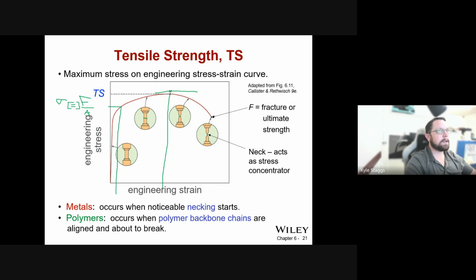So the force doesn't get higher and higher. It's a matter of that area getting smaller and smaller. And so there's a difference between what's called true stress and engineering stress. This is what we actually measure on the device because the cross-sectional area is changing throughout the course of this region.